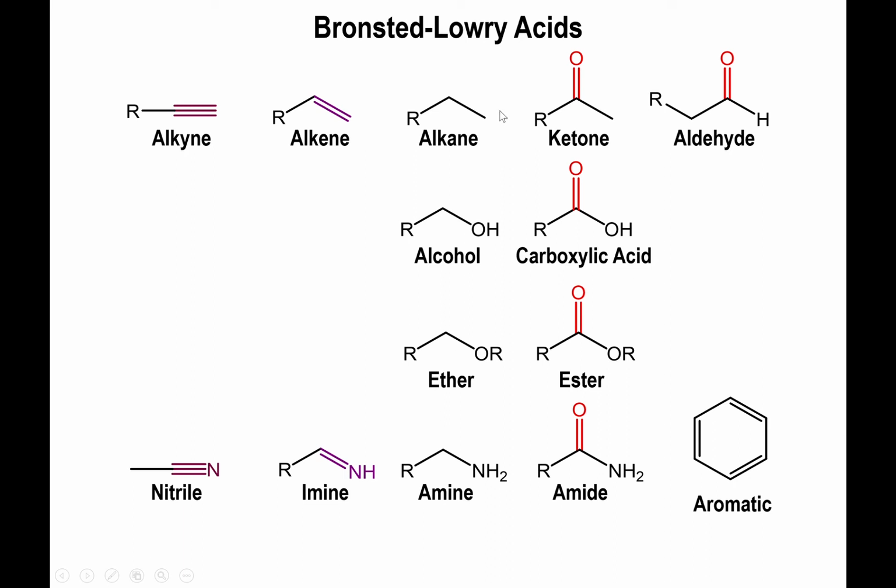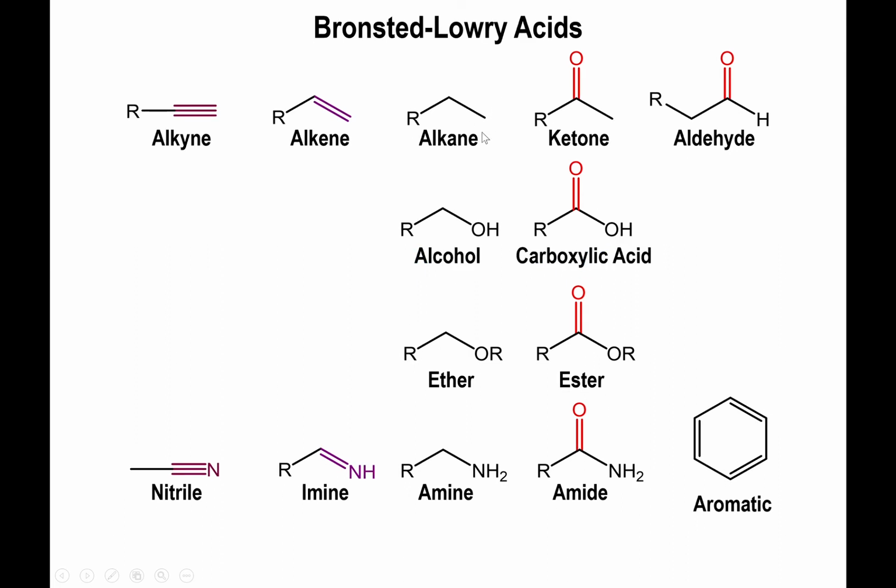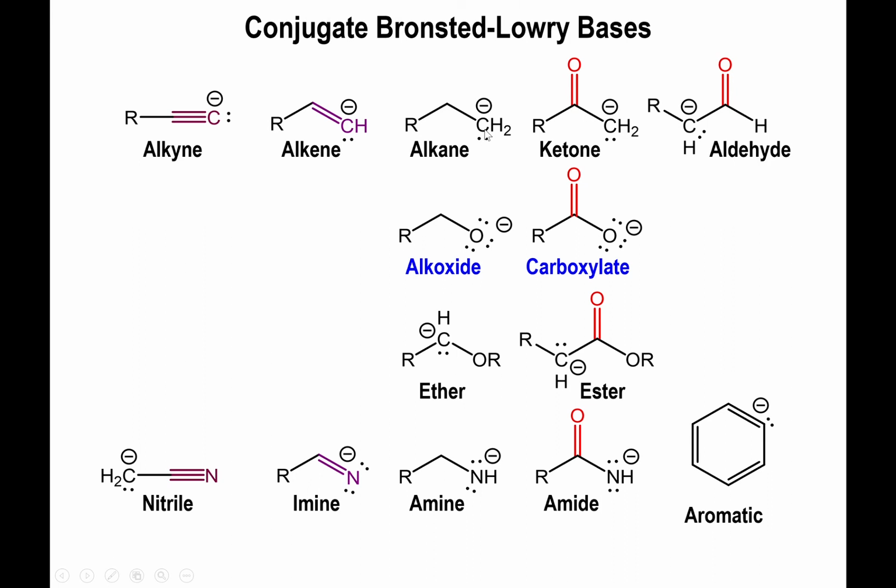When you remove an H+, the electrons are left behind in the molecule. So notice what happens, for instance, to this alkane when you draw the conjugate base. It now has a lone pair on the carbon, because the H+ that used to be part of this bond is gone. In addition, because the H+ has been lost, the charge has dropped by 1 unit. The alkane was neutral, now it bears a -1 charge.